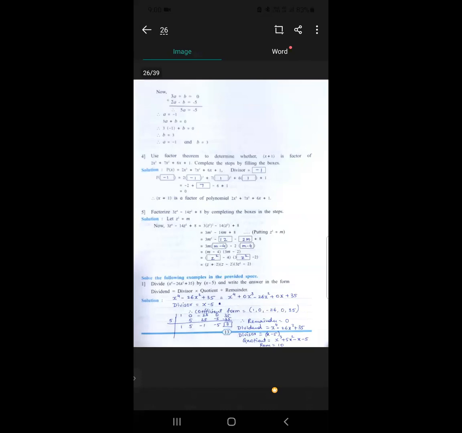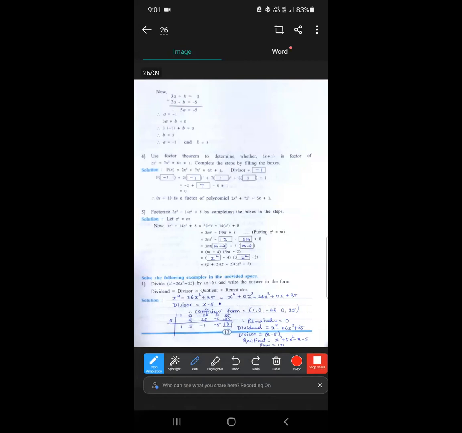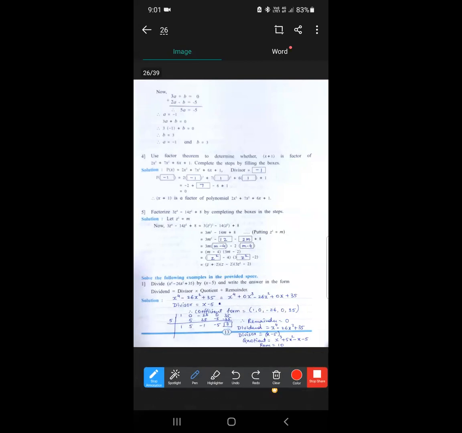We have started with the third chapter, that is polynomials. The first one is: divide x raised to 4 minus 20x square plus 35 by x minus 5, and write the answer in the form dividend is equal to divisor into quotient plus remainder.